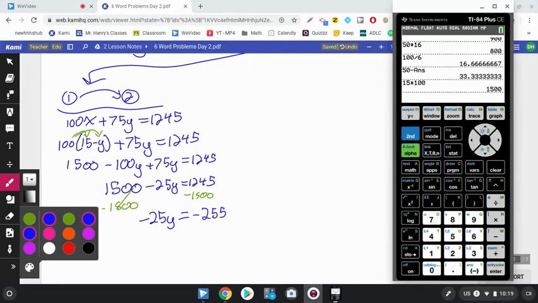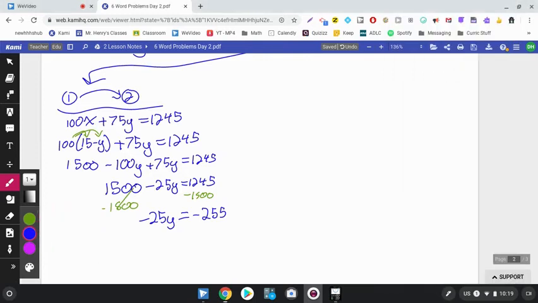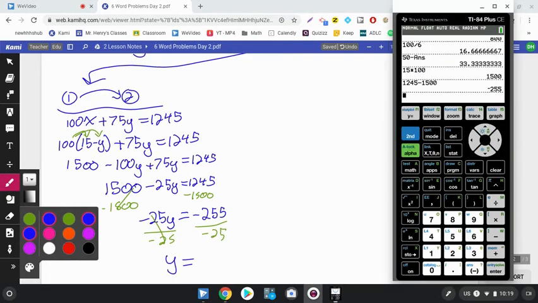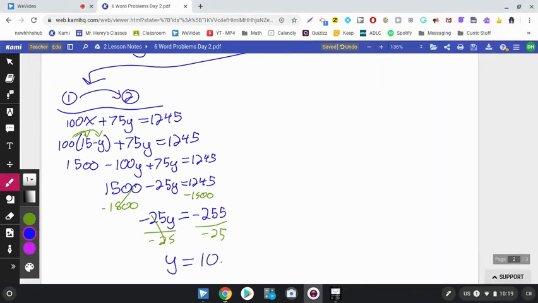I should double check. 1245 minus 1,500. Yeah, negative 255. Divide by the negative, divide by the negative. Y equals, divided by negative 25, 10.2. Okay, and maybe we'll make that look a little bit nicer, but 10.2, that's the numerical answer.